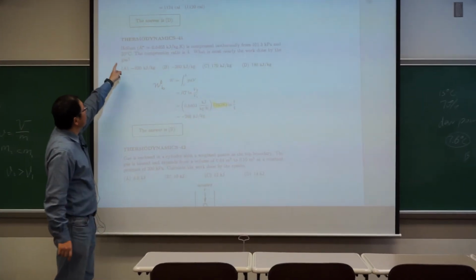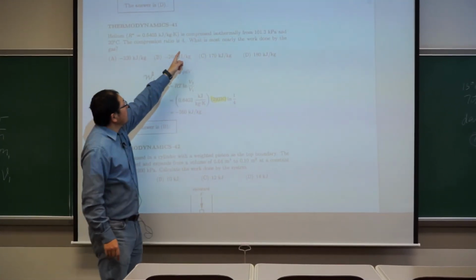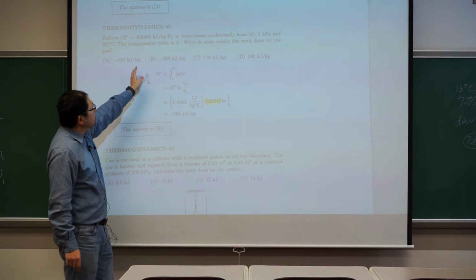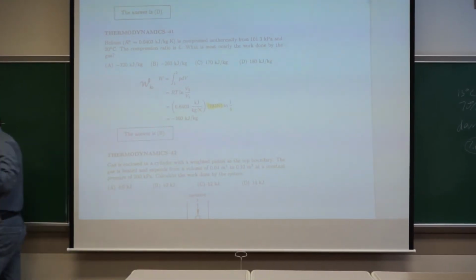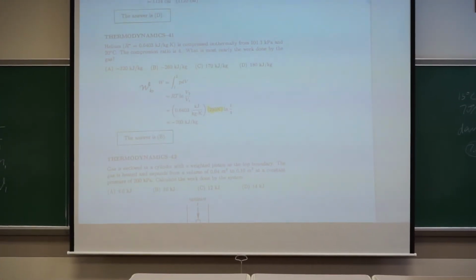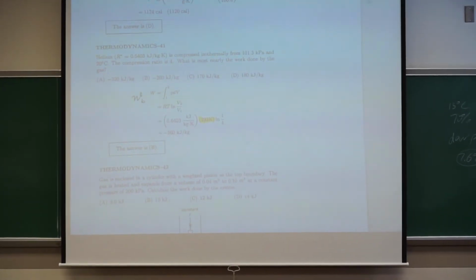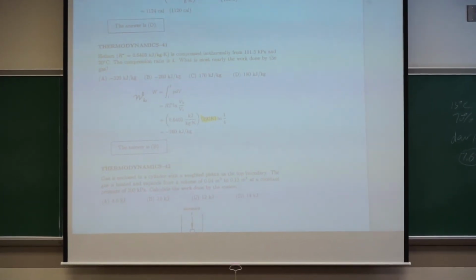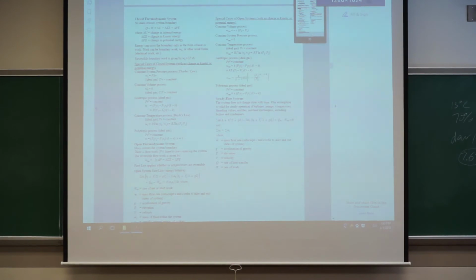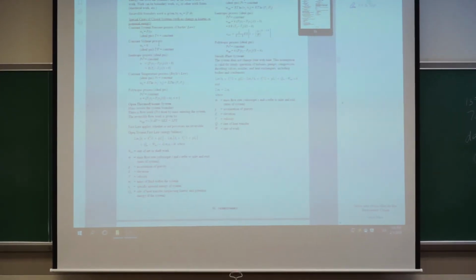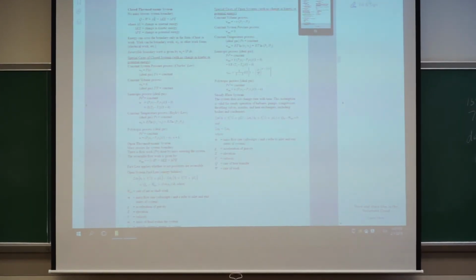This one says helium, compression, isothermal. So you need to understand at page 85, that's for the closed system, and it says the boundary work W.